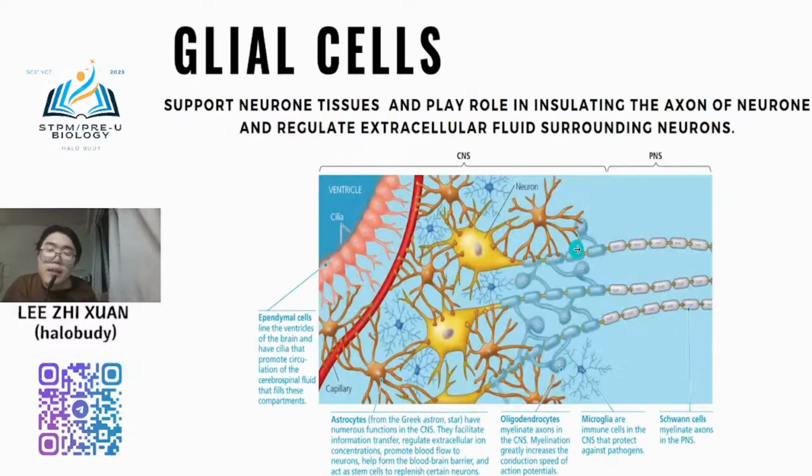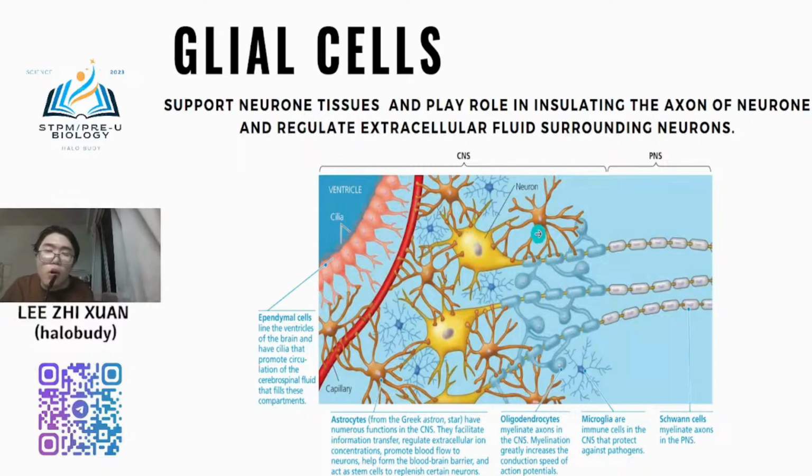Okay, and then for another type of cell, we call it glial cells. Normally glial cells are the cells that support the neuron tissue, play the role of insulating the axon of the neuron, and regulate the extracellular fluid surrounding the neuron. You know that neuron is one type of tissue, so this tissue also needs support.